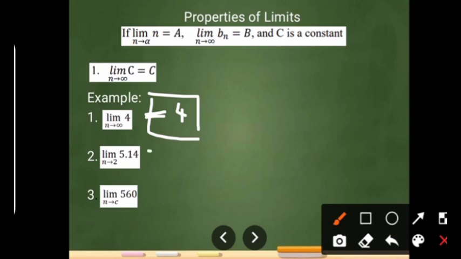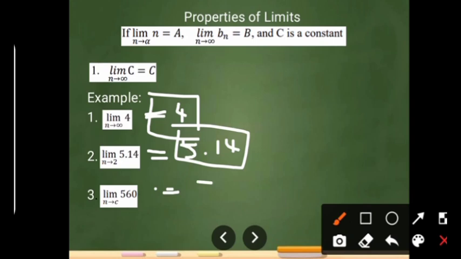Number 2, limit 5.14 as n approaches 2 equals 5.14. So that is our answer. Number 3, limit 560 where n approaches c is 560. So that is our answer.